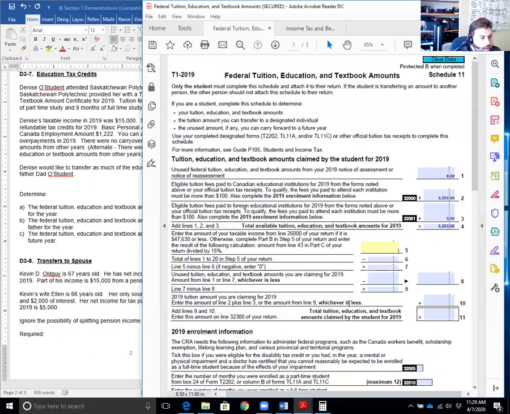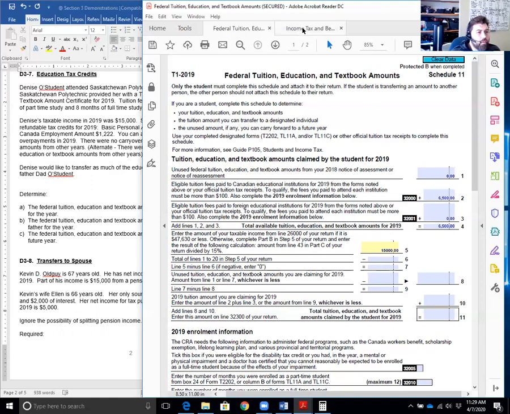But enter the amount of your taxable income from line 2600 of your return if it is 47,630 or less. Okay, well, it is. Our income is 15,000. Total of lines 1 to 20 in step 5 of your return.